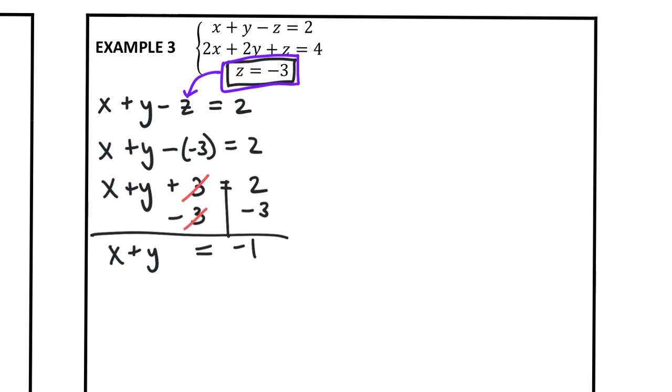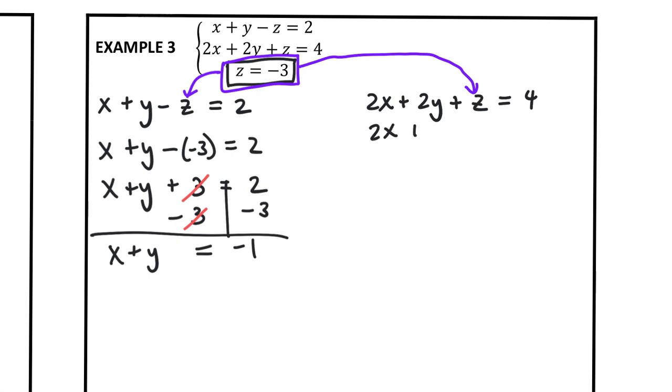Okay, and then we're going to copy the second equation, copied on the right over here, equals 4. Replace z over here. So copy 2x, copy the 2y, plus negative 3. But when we have a plus negative, it's kind of like just saying minus 3.